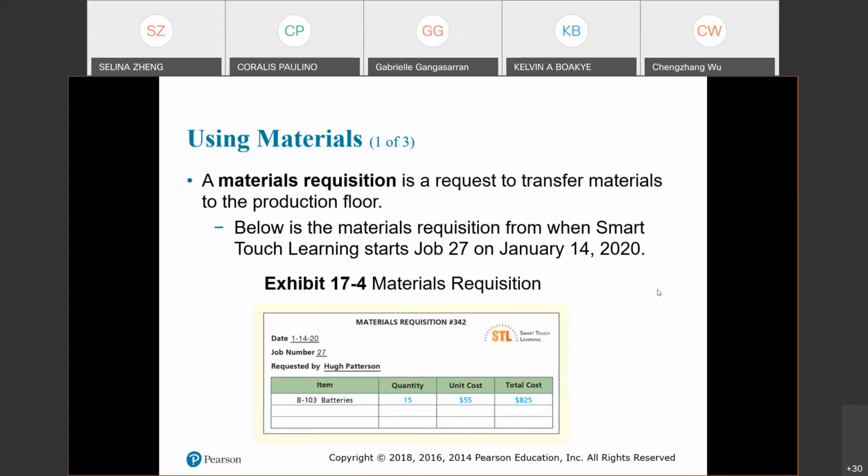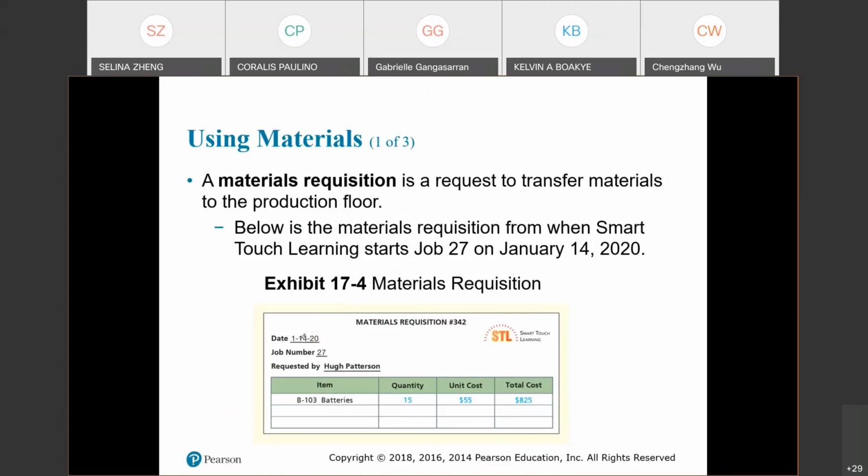Materials requisition is the request to transfer raw materials to the production floor. For example, this materials requisition sheet has several important elements.